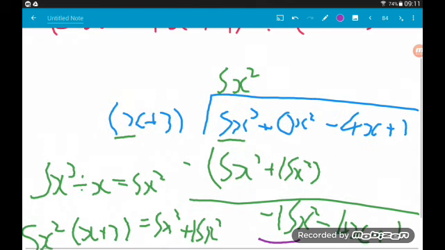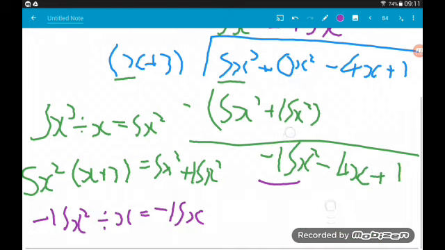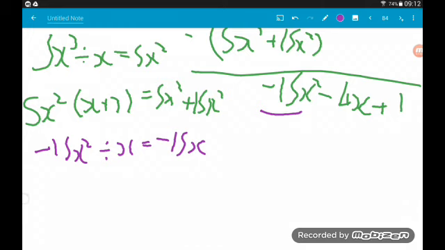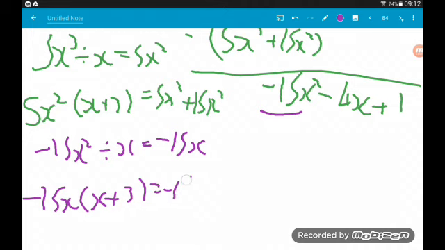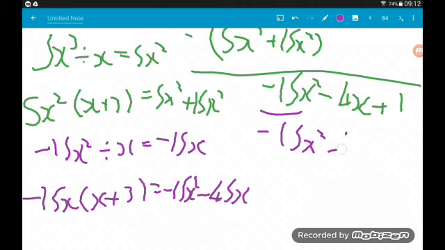That's the next thing to go up on top. Now we do minus 15x times x plus 3, which gives us minus 15x squared minus 45x. Now we write that underneath.